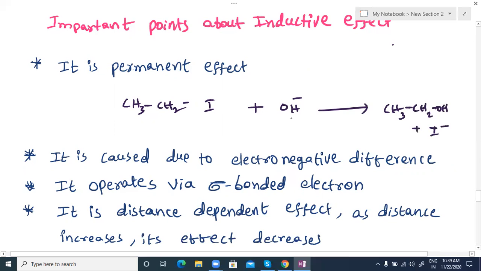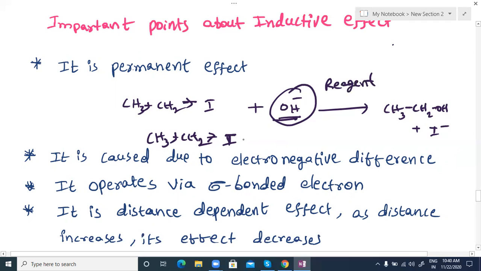So in the presence of OH minus, or with only the molecule CH3CH2I existing, it can show that character. With the electron withdrawing atom, electrons move towards it like this. Even if OH is present or not, it shows this character, with electrons moving towards the more electronegative atom. In the first case, in the presence of a reagent, this is called a reagent.